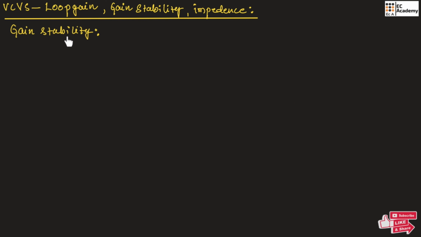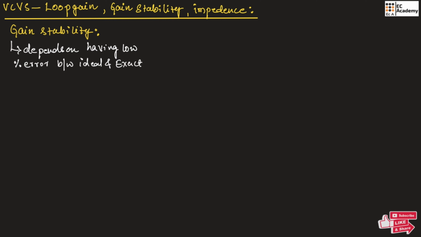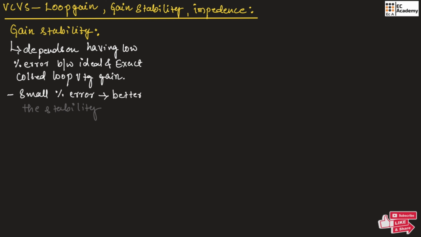Now let us understand the gain stability. Gain stability depends on having low percentage error between the ideal and exact values of closed loop voltage gain. So the smaller the percentage error, the better the stability. If we have small percentage error, we will have good stability in the amplifier.